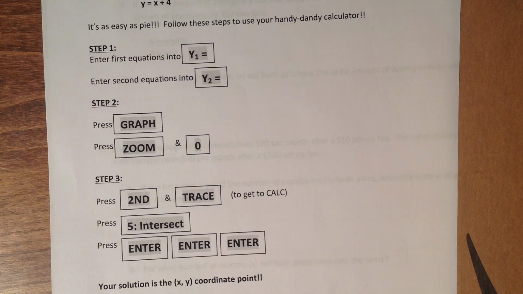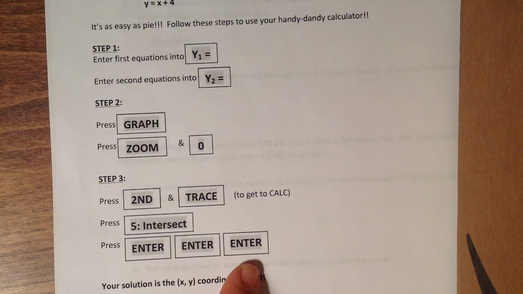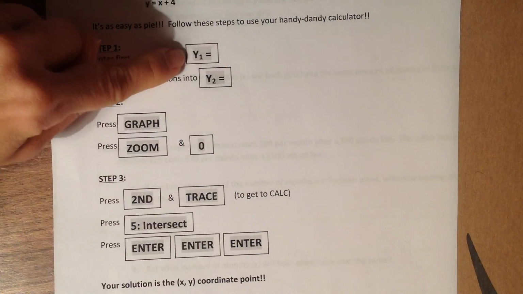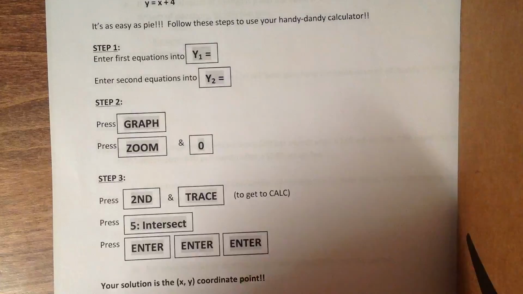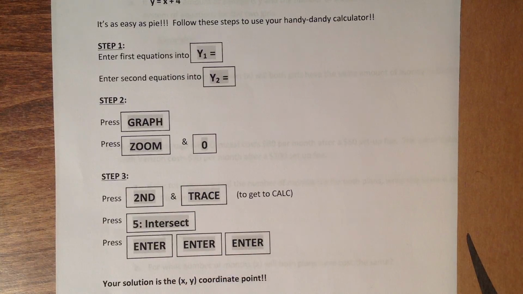Because if you notice in your y equals, you could put a lot of different lines and functions into your calculator. So it's asking you which two lines do you want to focus on. So this step here, enter, enter, enter, is just to tell your calculator I'm focusing on my y1 equation, my y2 equation, and that's it. So that's why you have to press enter, enter, enter.